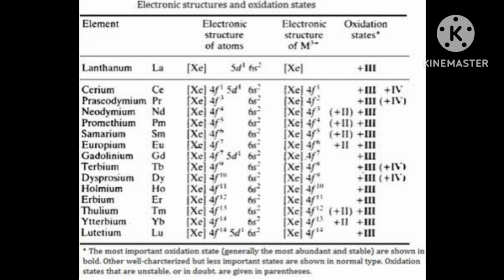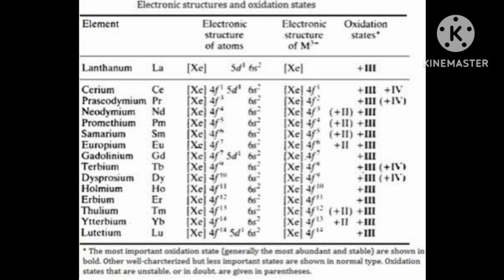This plus 4 state it is showing in Pr, Nd, Tb, Dy, that is the MO2, M is the metal.